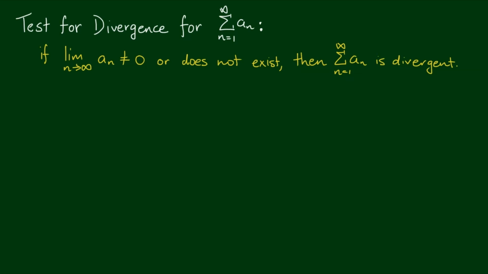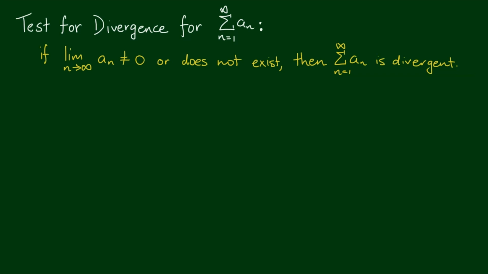Okay, so far in our studies we've covered the test for divergence for an infinite series, which is if the limit as n approaches infinity of the terms is not equal to 0 or it does not exist, then the infinite series is divergent.